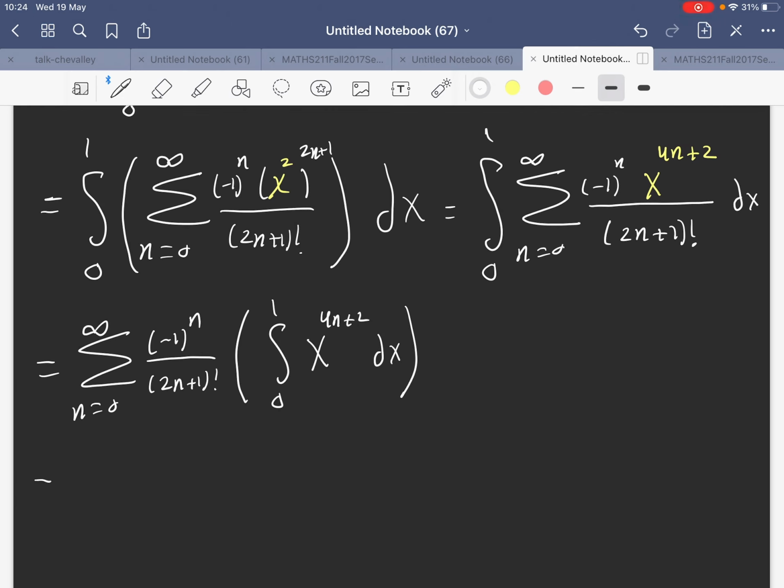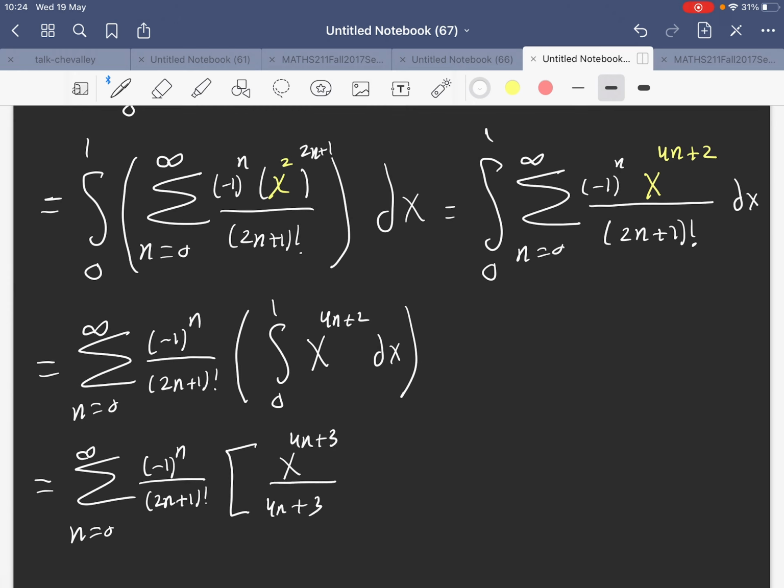Now this integral can be found easily here. Now what is this integral? It is as follows: x^(4n+3) over 4n plus 3, from 0 to 1.